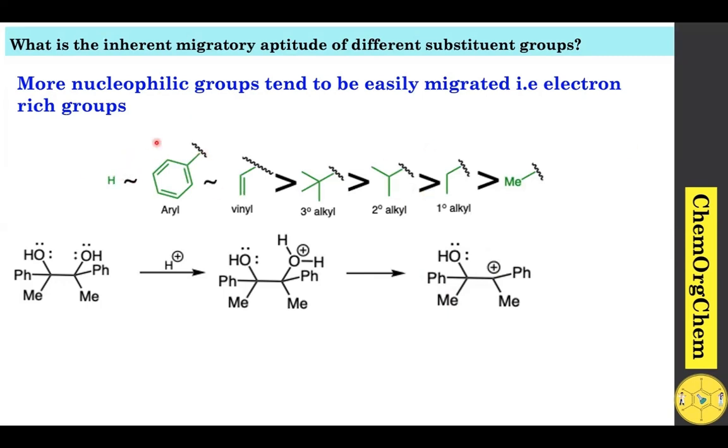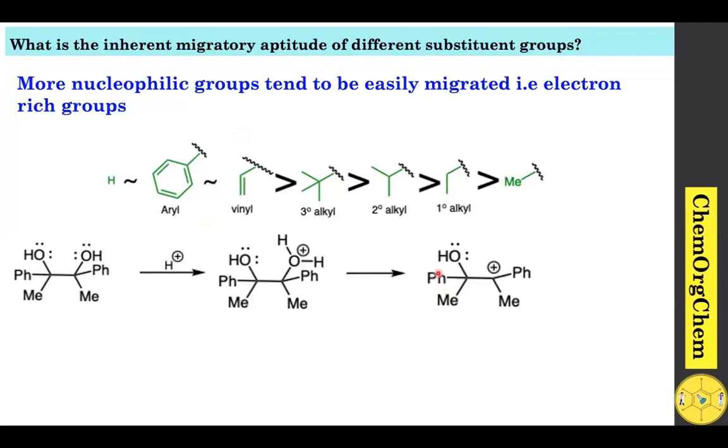In this series, hydrogen, aryl, and vinyl have approximately equal tendency to move to the nearby carbocation center. And when you see the alkyl groups, tertiary alkyl always gets more priority than secondary as well as primary. And finally, methyl has the least tendency to migrate to the nearby carbocation center.